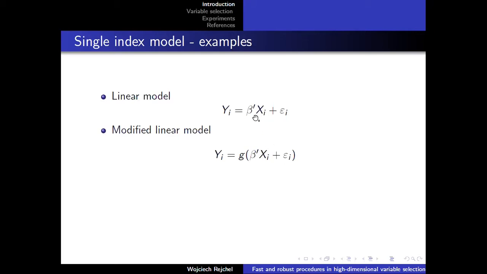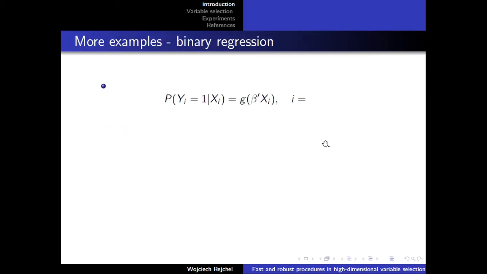You can modify your response, or you can modify just this scalar product. So these are all examples of models with additive noise. However, the noise need not be additive.